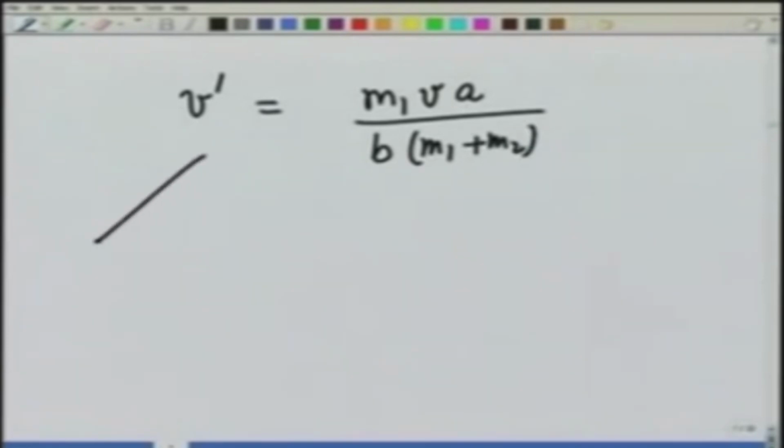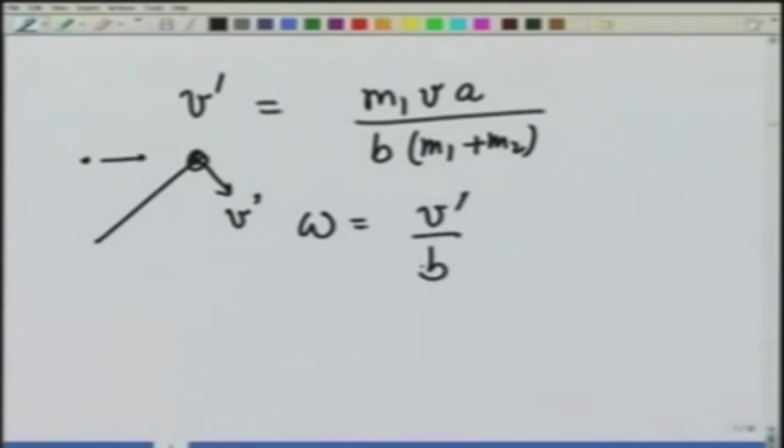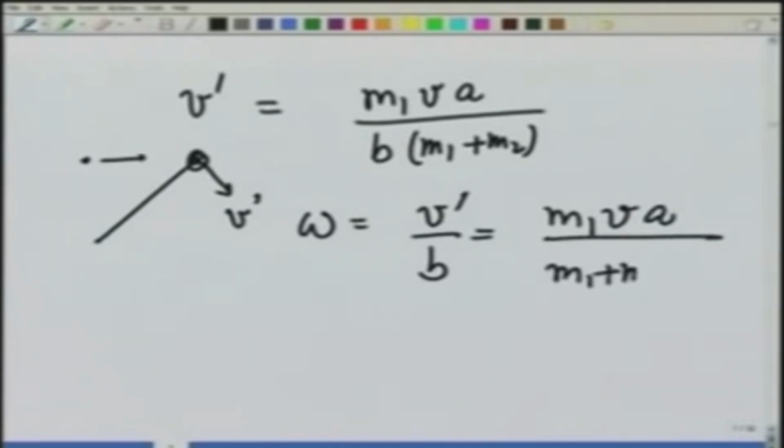So, after masses get stuck, this moves immediately after that with velocity v prime, and therefore omega is going to be v prime over b, which is equal to m1 v a over (m1 plus m2) b square, which is the same answer as obtained earlier by applying the conservation of angular momentum.